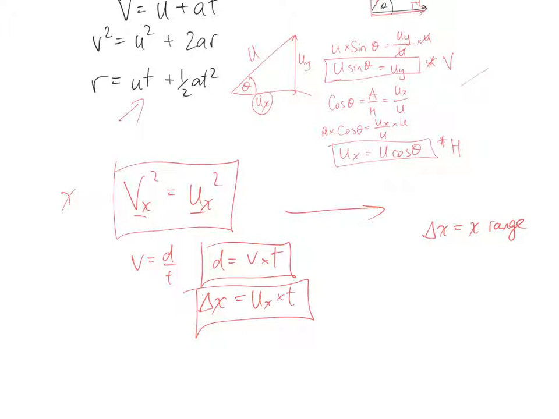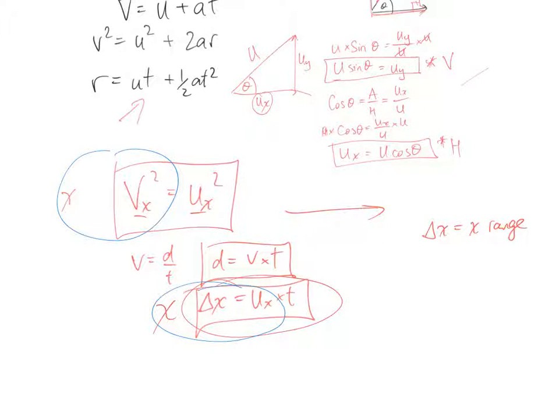Sorry, the velocity doesn't change in the x direction, so it just stays as ux the whole time. So here we have another one, and that's another x. And they're the main two for the x values.